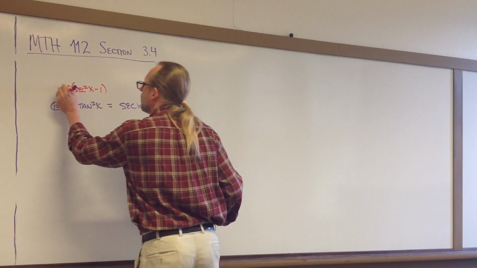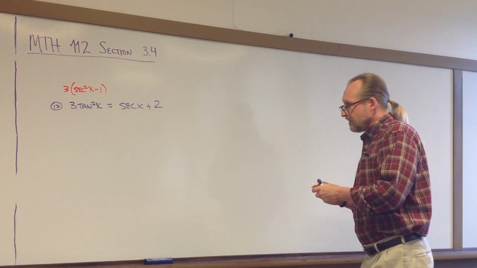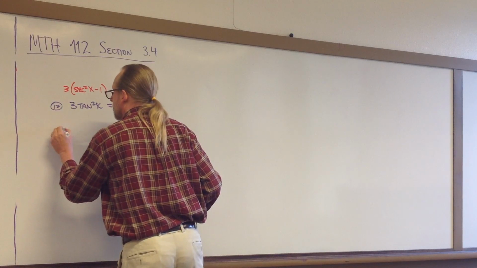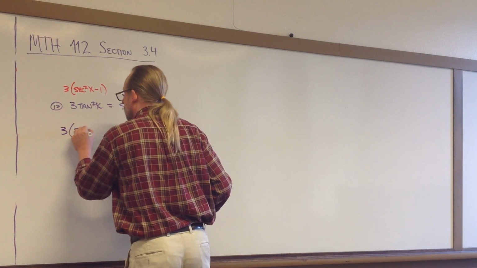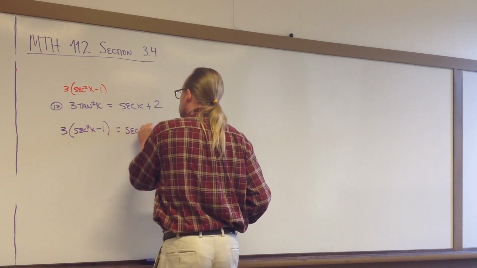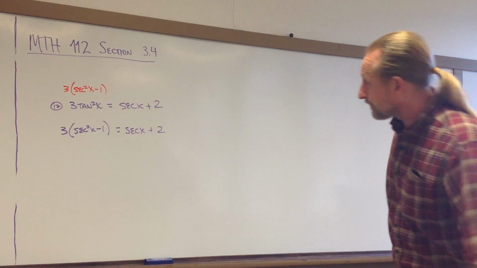Okay, I'll go ahead and put the 3 in there because that's going to have to get distributed into the parentheses. So we're going to have the 3 outside the parentheses, secant squared x minus 1, and over on the other side, secant x plus 2.